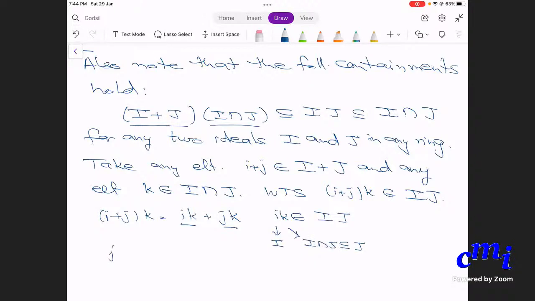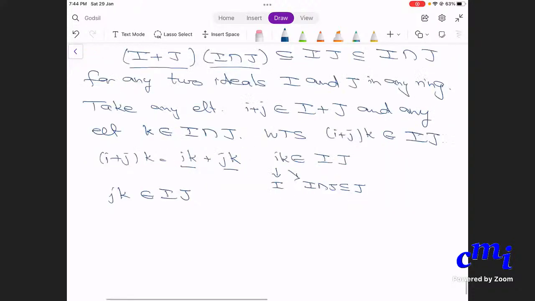Similarly, jk belongs to IJ because this j belongs to J and this k belongs to I ∩ J, which is contained in I. So both elements belong to IJ, which implies that ik + jk belongs to the ideal IJ. So that proves the first containment. We have proved that (I + J)(I ∩ J) is contained in IJ.